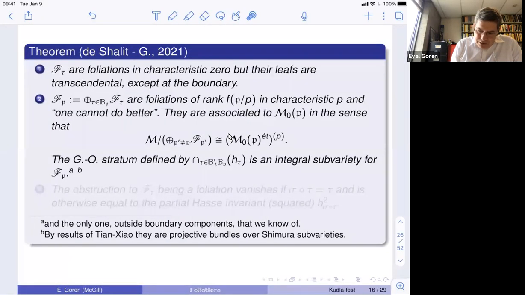Now, generally speaking, such an F_τ will not be a foliation. You have to sum all the τ's corresponding to a Frobenius orbit of embeddings of the totally real field into Q_p bar. This is the reason why for surfaces in the inert case, F_τ was not a foliation.